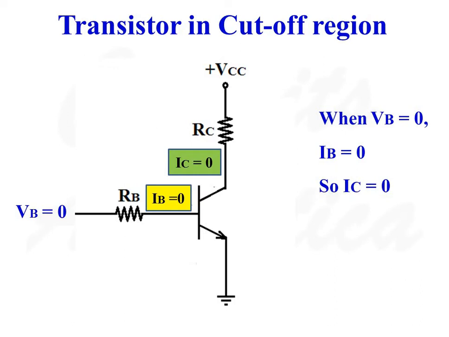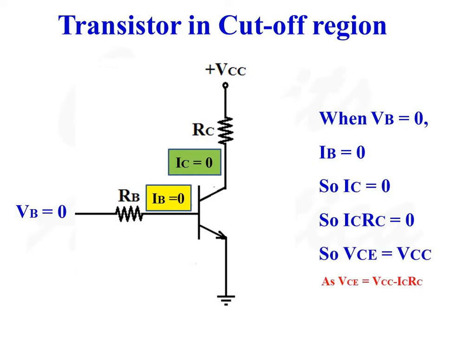As collector current IC is equal to 0, collector resistance voltage drop ICRC is equal to 0. As ICRC is equal to 0, VCE, voltage between transistor's collector and emitter, is equal to plus VCC, as VCE is equal to VCC minus ICRC.